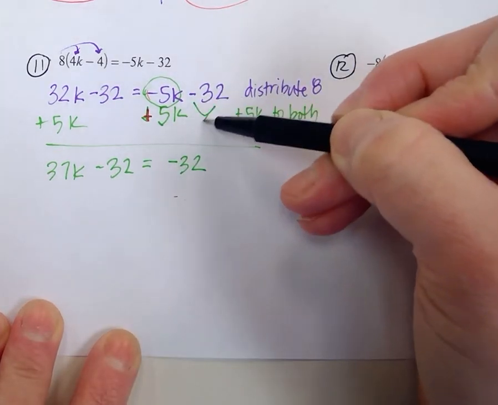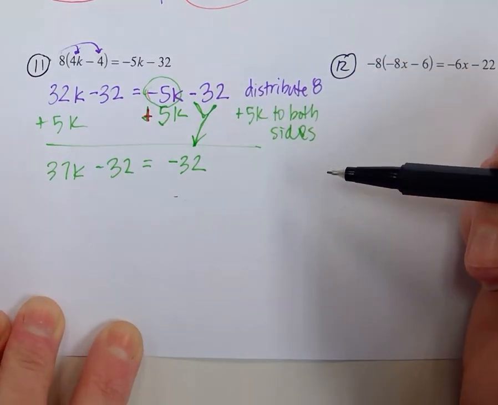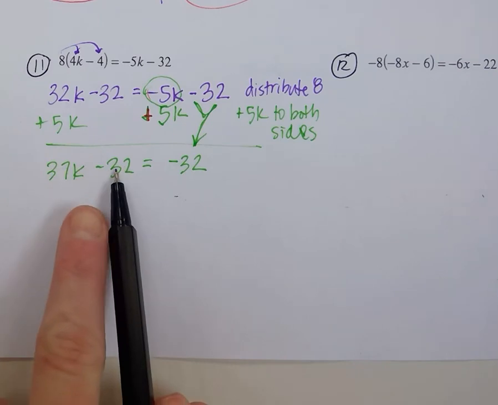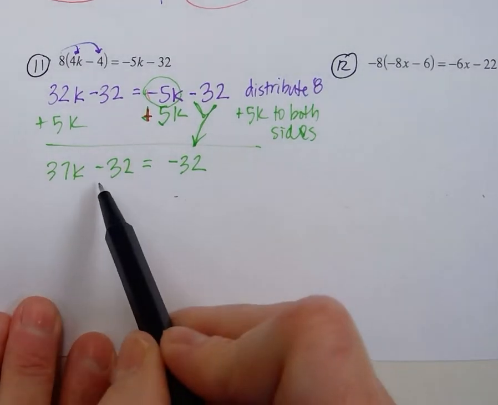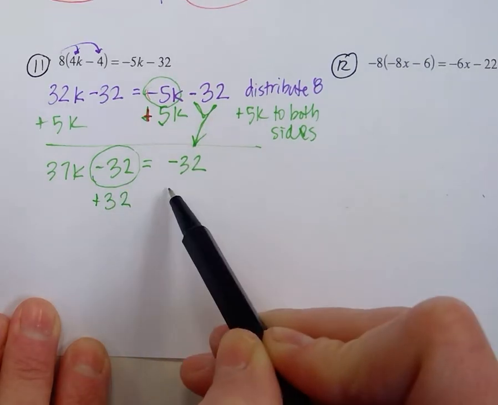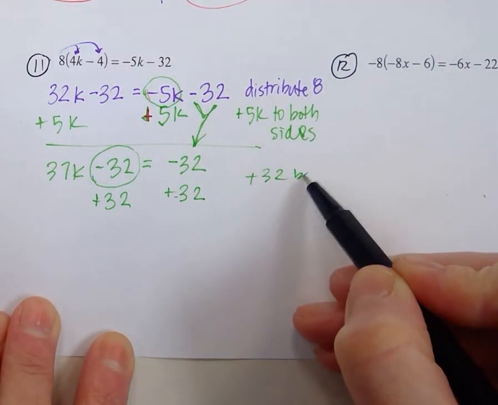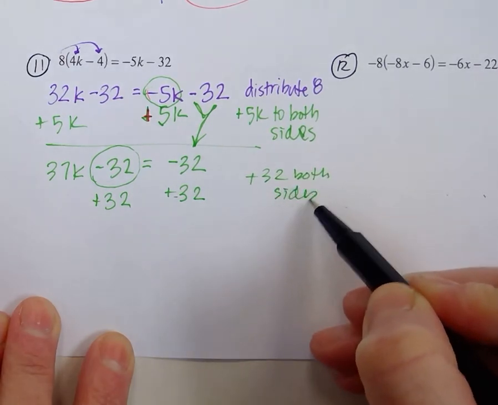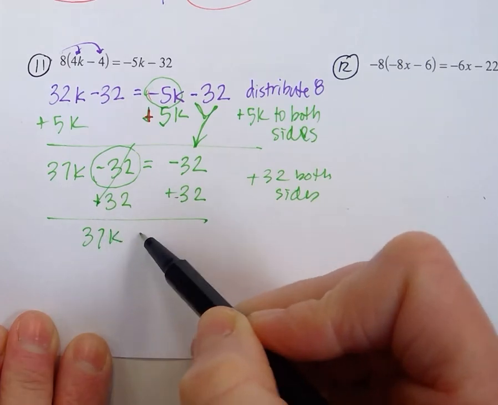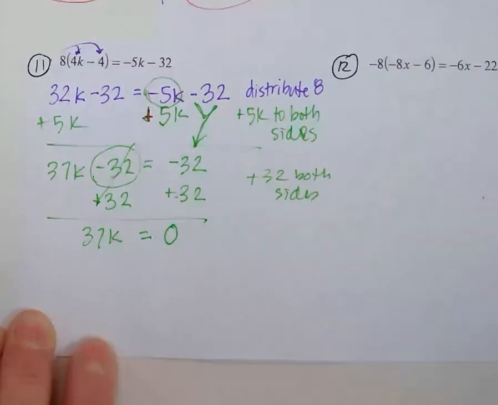Make sure you bring all of this down, the negative 32. So if I got my variables on the left, I've got to get my constants to the right, which means this negative 32 has to go. If I add 32, they eliminate on the left, and I actually eliminate them on the right.